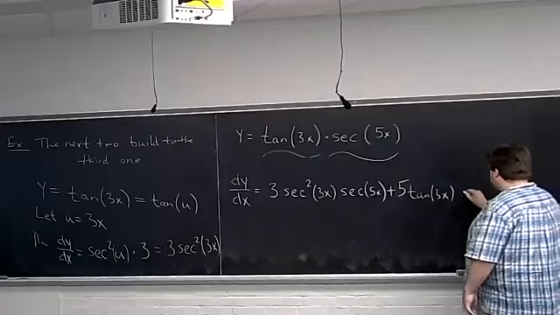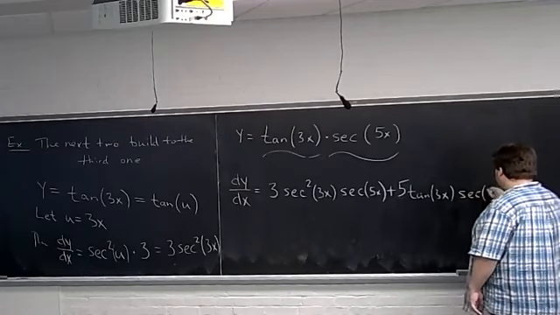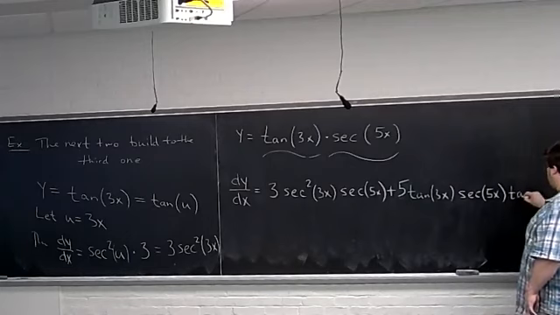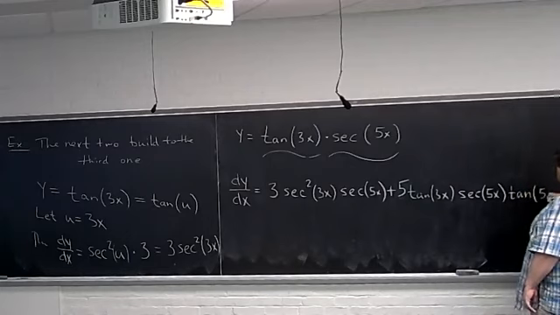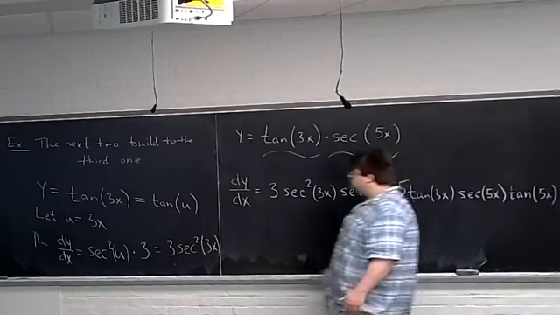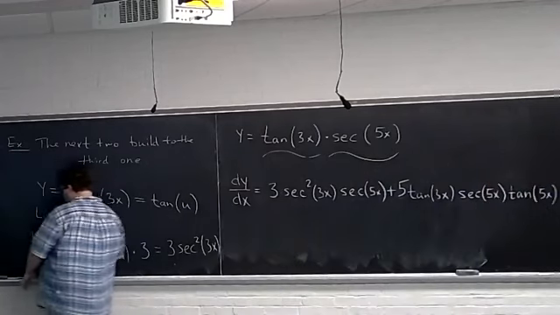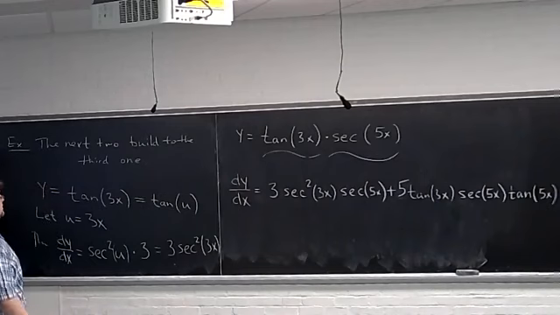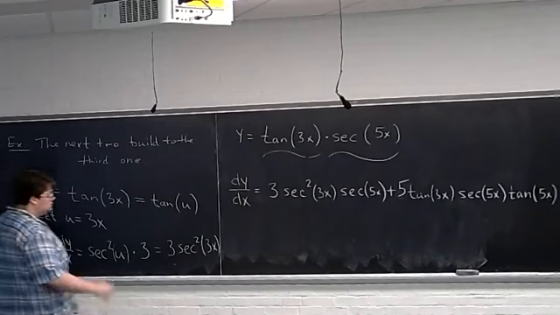Derivative of secant is secant times tangent. And don't worry about simplifying this. But do take a step back, and I'll use the colors of chalk to observe the four pieces of the product rule.